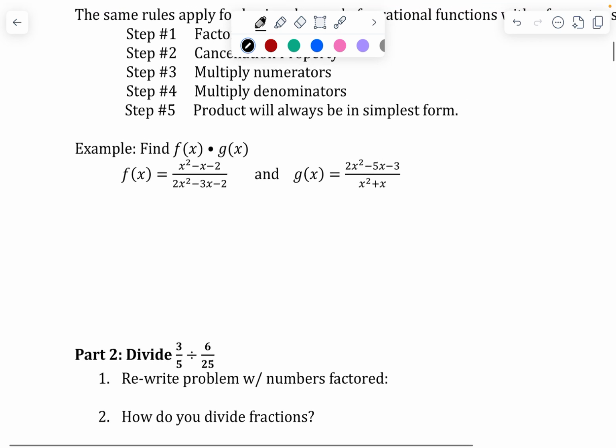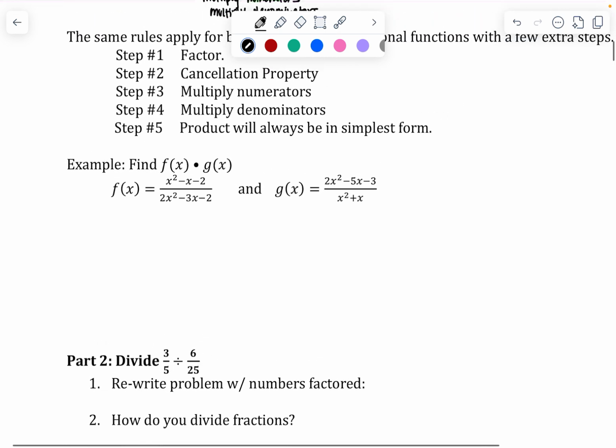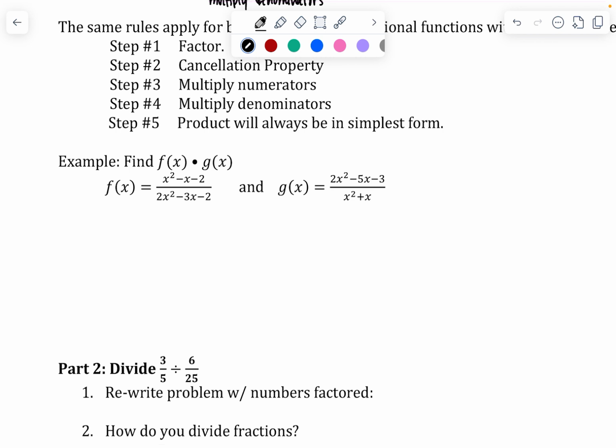And so this example, we have f of x and g of x. And so the first thing I'm going to do is factor everything in sight. So f of x can factor to x minus 2, x plus 1. And then on bottom here, we have to figure out two numbers that multiply to -4, but add to -3.